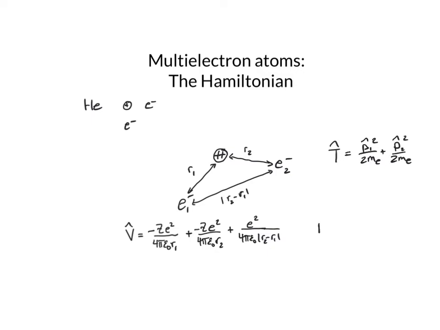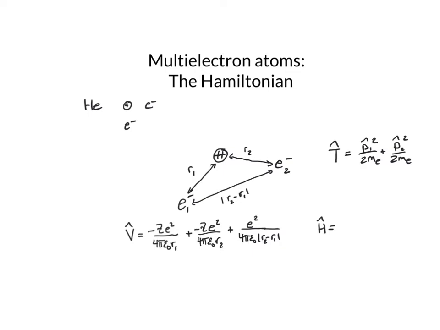So the full Hamiltonian contains a term for the kinetic energy of electron 1 and the potential between electron 1 and the nucleus. That's just exactly like the hydrogen atom Hamiltonian for electron 1, except that the nucleus has a charge of +2 instead of +1.